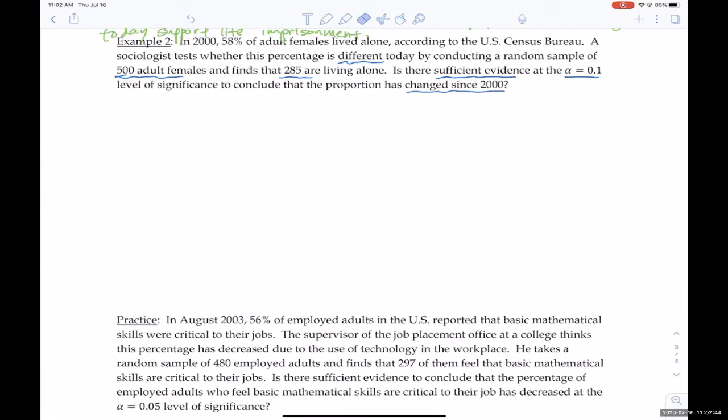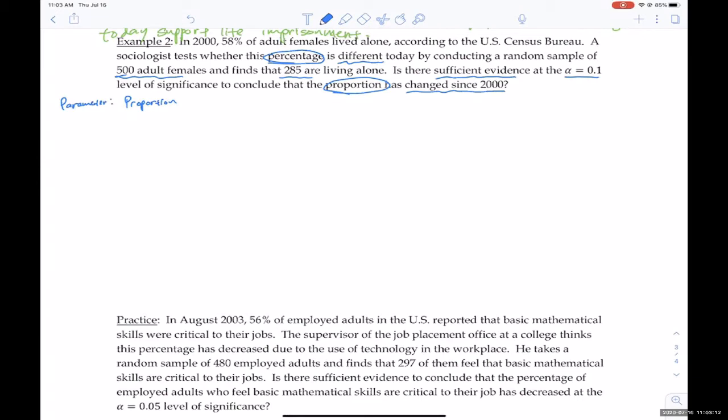What parameter are we working with? Proportion, very good. Where does it say proportion here? Percentage, right. So proportion is your parameter.